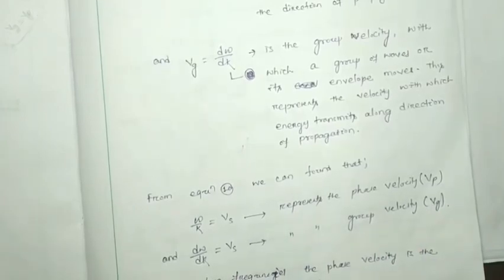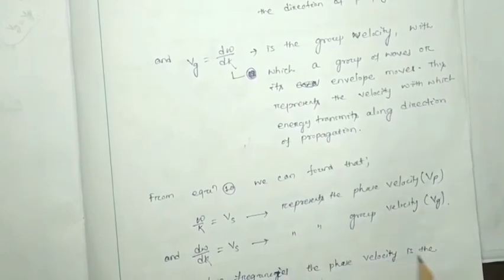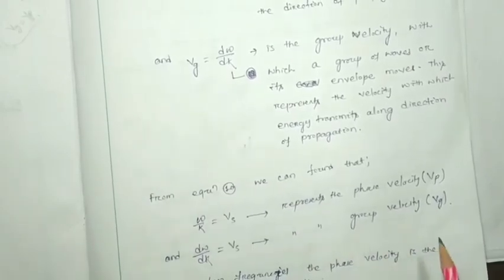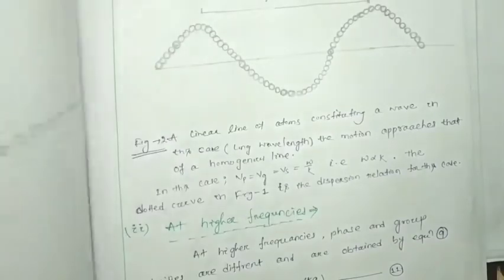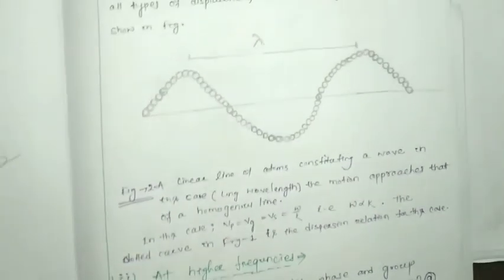So at low frequency what we found is that the phase velocity is the same as the group velocity. Whenever we find the phase velocity equal to the group velocity, this is called a non-dispersive medium, which we are going to discuss.